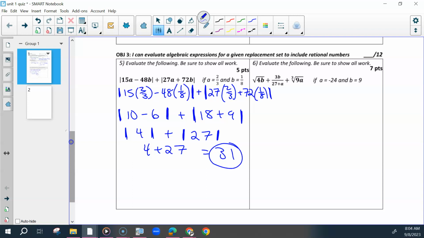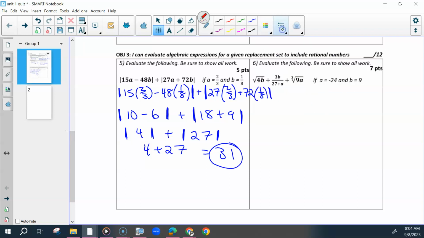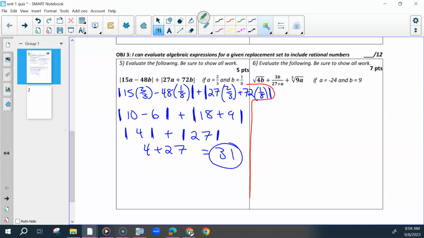Okay. And this last one. Alright, so same as this one, show how you put each of these into the original.